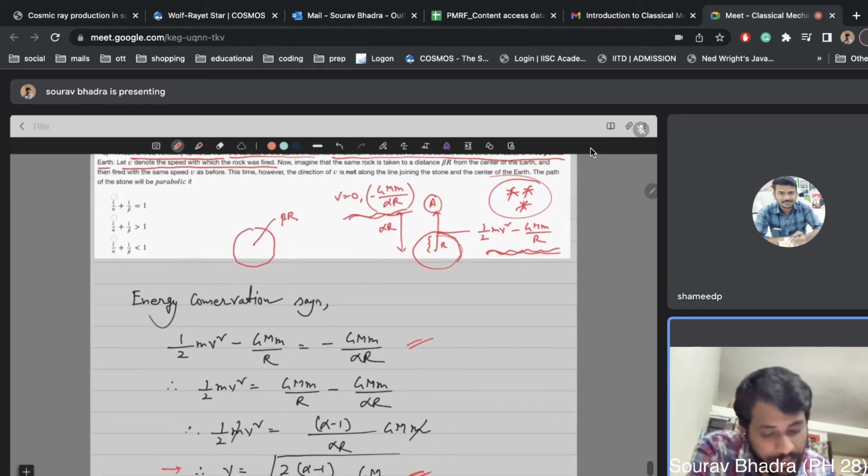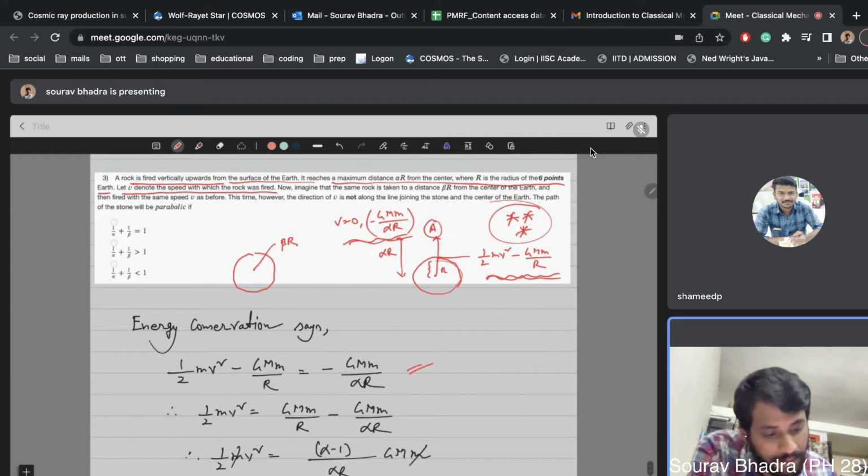But this time another condition was that v is not along the line joining the stone and the center of earth. So your v is in some other direction, except the direction joining the position of the stone and the earth center.